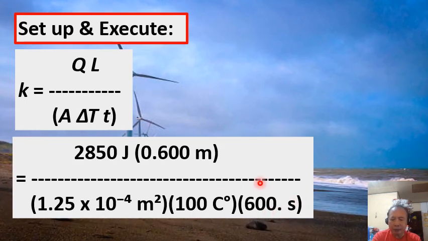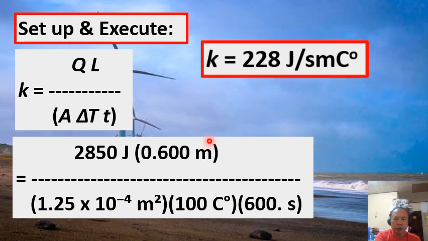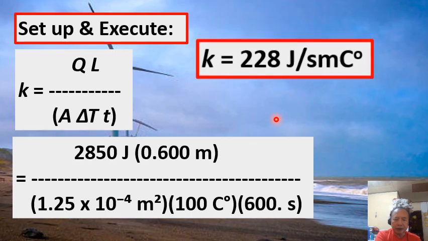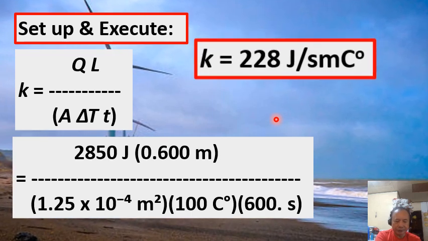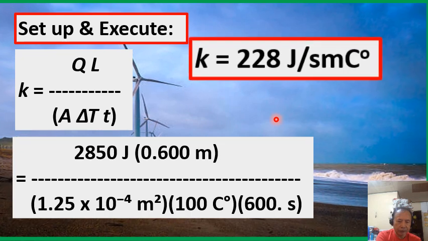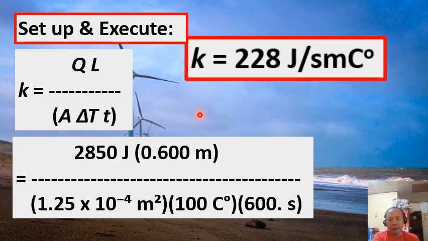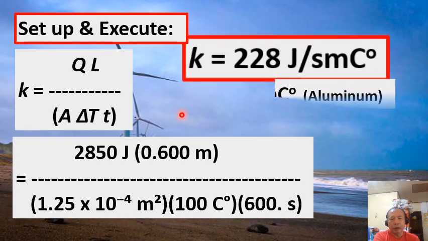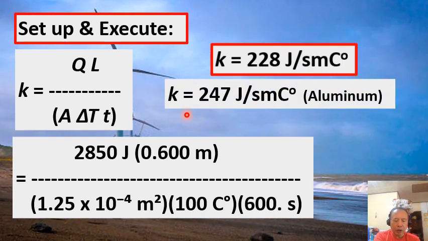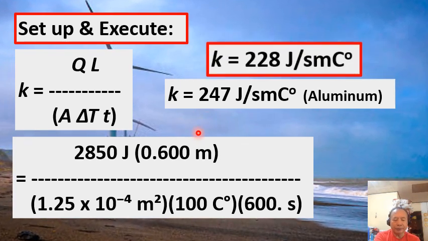So when we do the math, we get the value of k equal to 228 joules per second meter Celsius degree. And this computed value of the thermal conductivity of this metal is pretty close to the standard thermal conductivity of the aluminum metal.